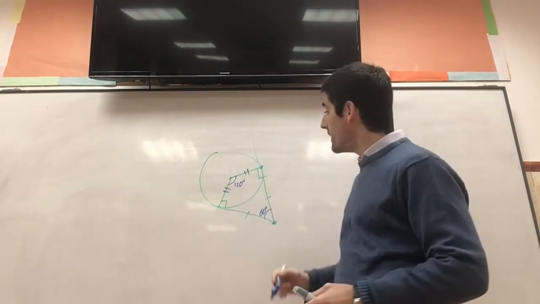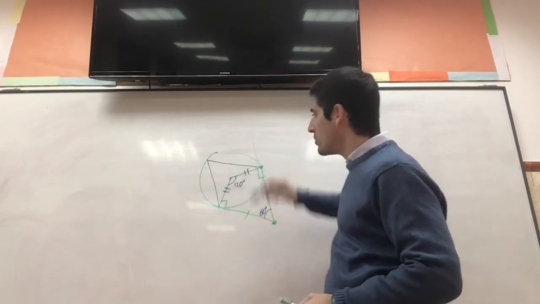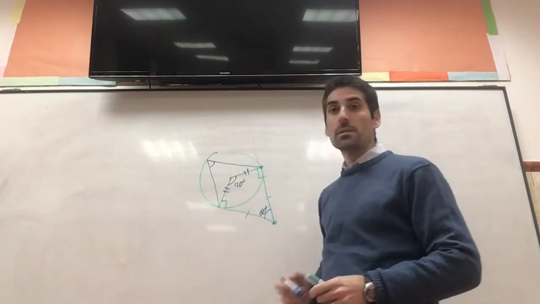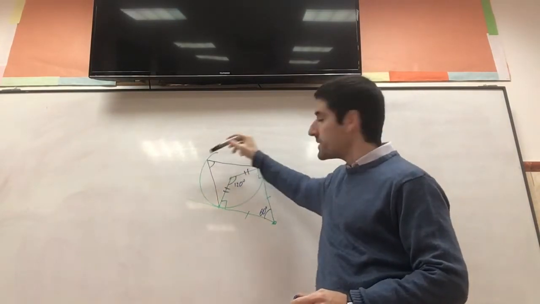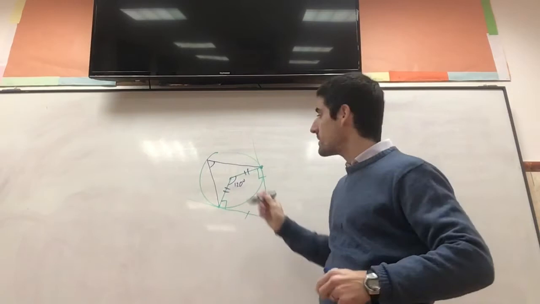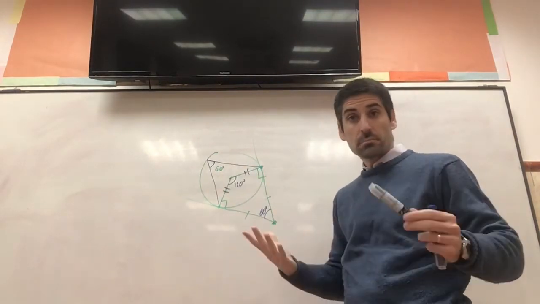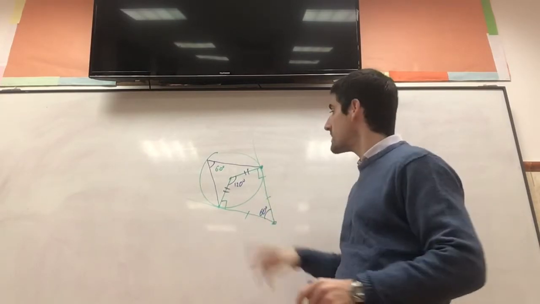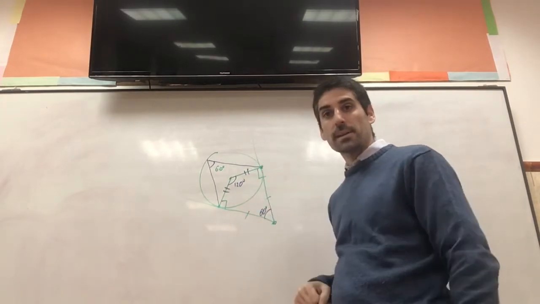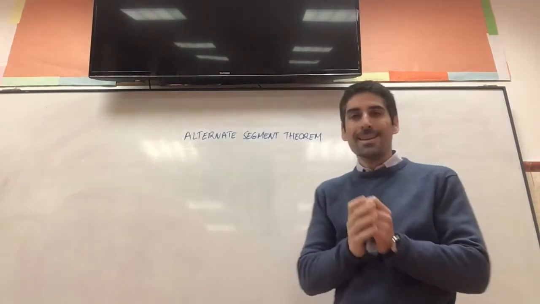Or they could throw you two chords there and ask you for the angle up there. Well, you know that angle at the circumference is half the angle at the center, so that'll be 60 degrees. So there's loads of things that they can do with tangents and the tangent and the radius meeting at 90 degrees. Okay? Fantastic.